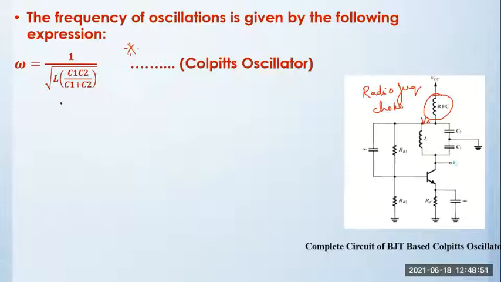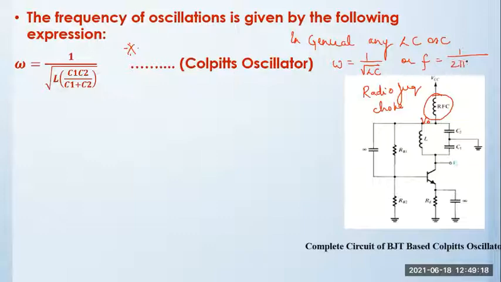In a Colpitts oscillator, the expression for the angular frequency omega is given as 1 by... Remember this, in general, for any LC oscillator, the expression for angular frequency will be 1 by root LC, or actual frequency 1 by 2 pi root L into C. So whenever you have an LC oscillator, the expression for frequency should be 1 over root LC or 1 over 2 pi root LC.